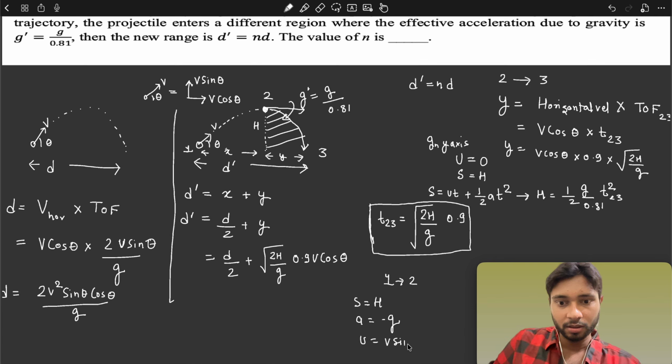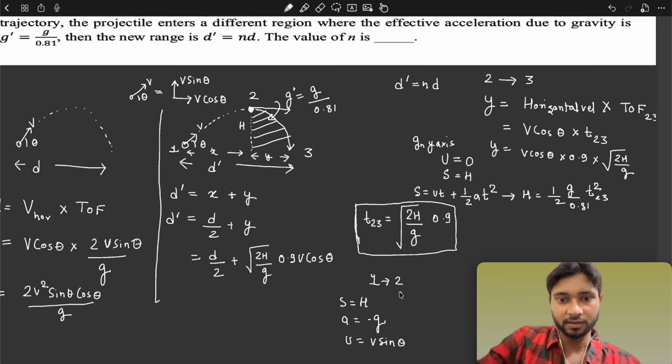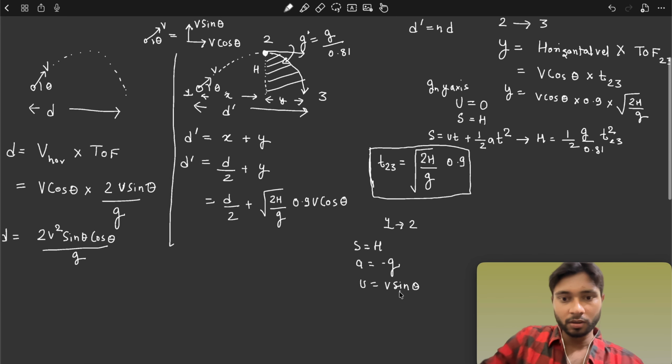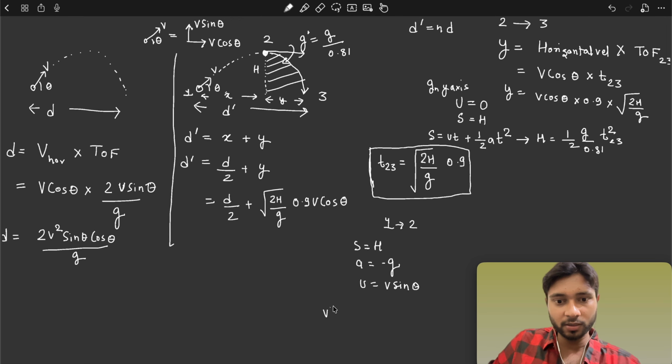If I use the third equation of motion, which is v square minus u square is equal to 2as, from 1 to 2, at this point vertical velocity will be 0. This is the concept we are using again and again.